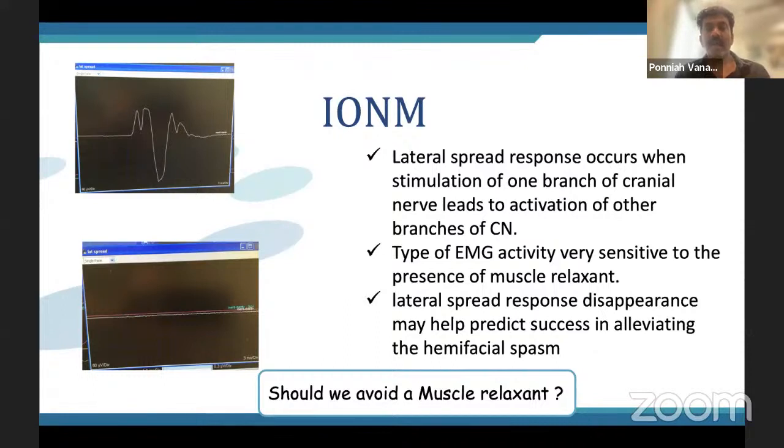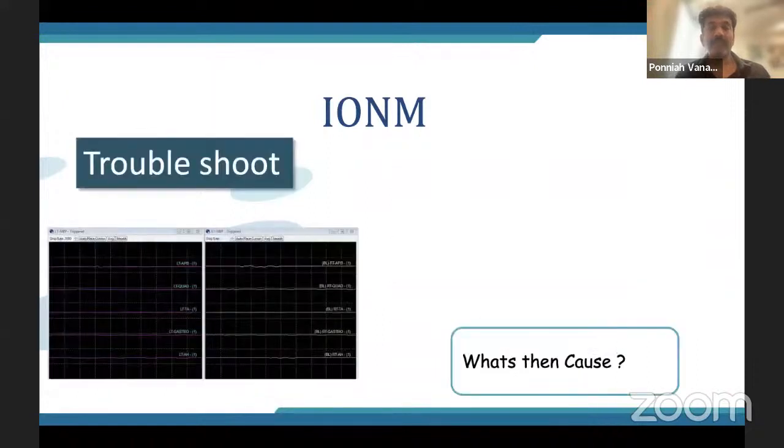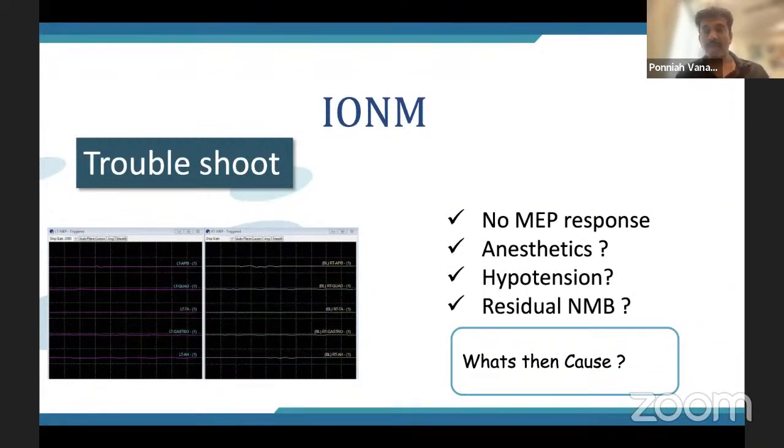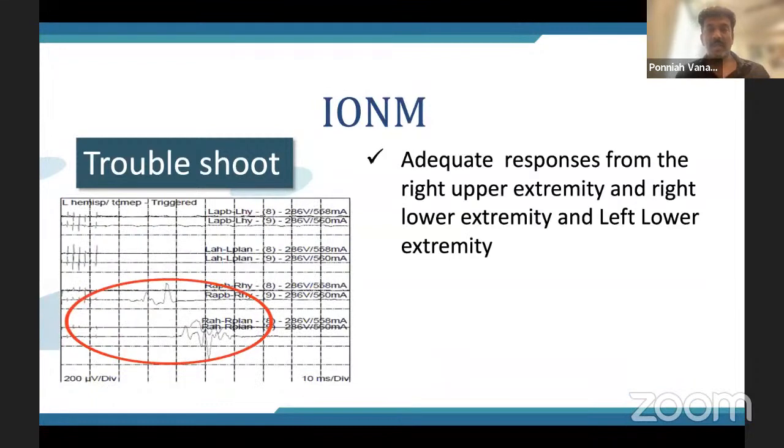And in this case, our input or our technique is absolutely important. Having known about this, we also need to know how to troubleshoot it. We might lose all the signals. So what to do? It's generally due to a general cause, like anesthetics, hypotension, hypothermia or a residual neuromuscular blockade.